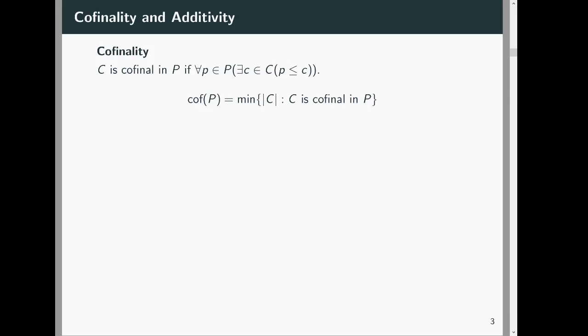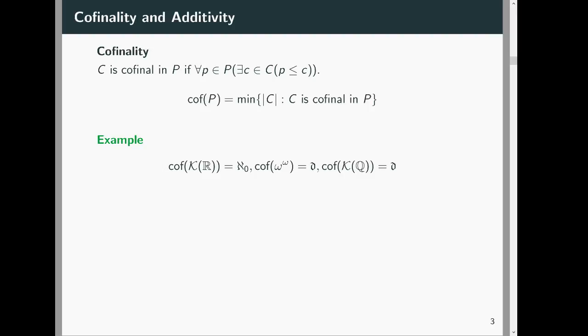So some properties about this directed set. First is cofinality, which is the minimal size of a cofinal subset of a directed set. And some examples, we know that the cofinality of K(R) is aleph-0, just take negative n to n closed intervals.